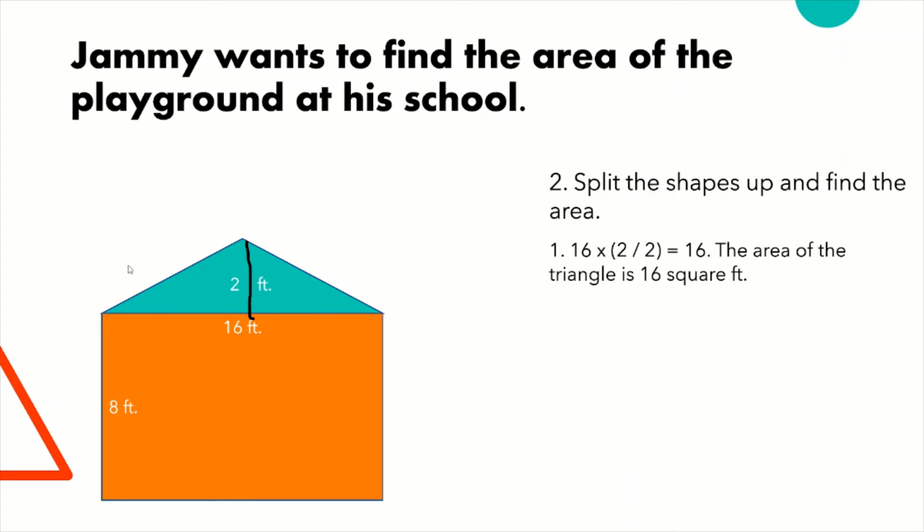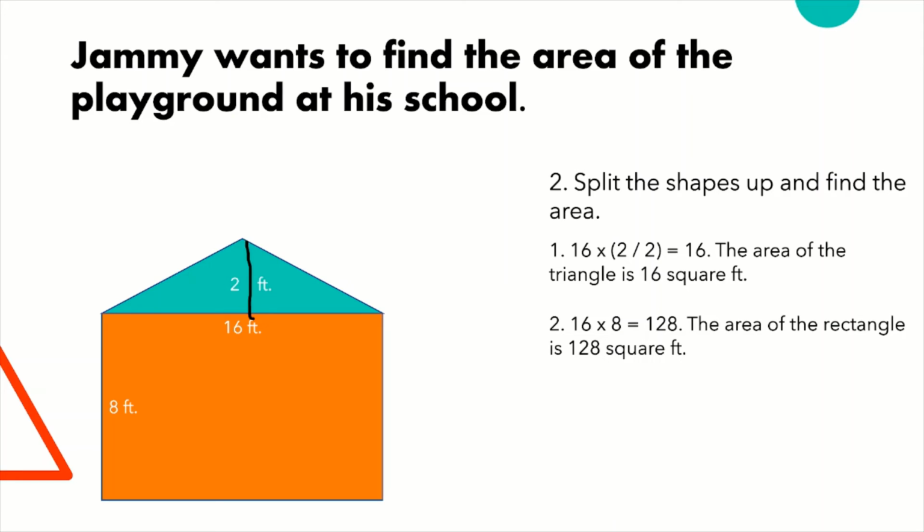Now let's move on to this rectangle. You need to do 16 feet times 8 feet. I'll give you some time to think. You guys ready? 16 times 8 equals 128.